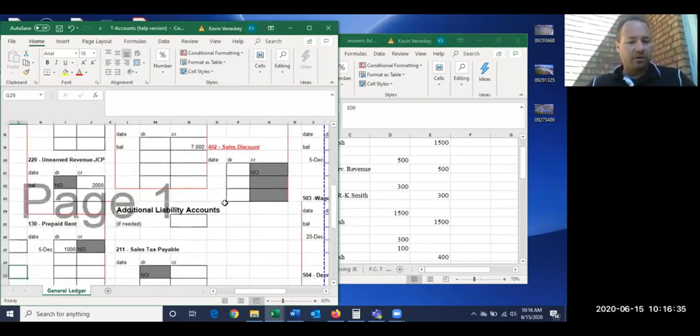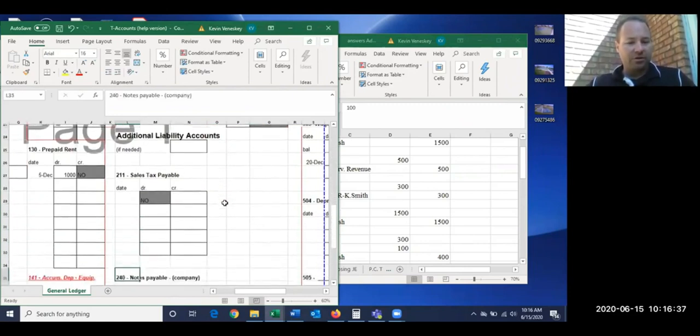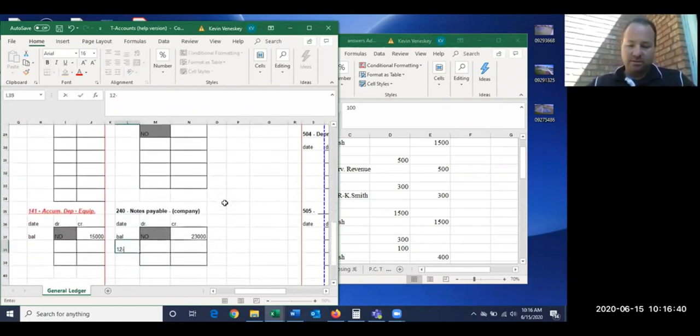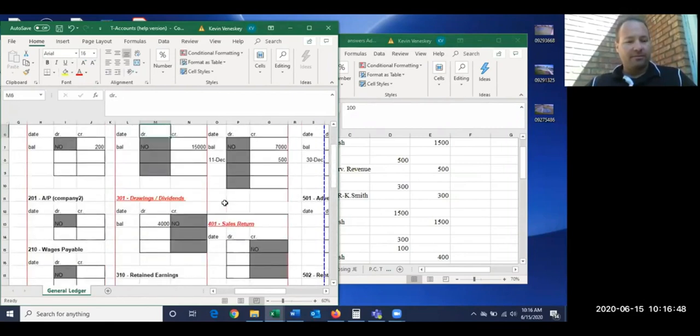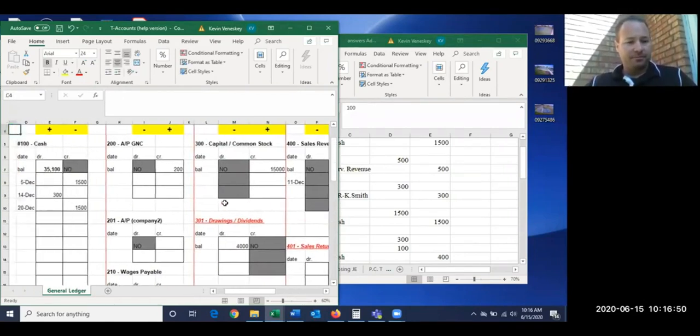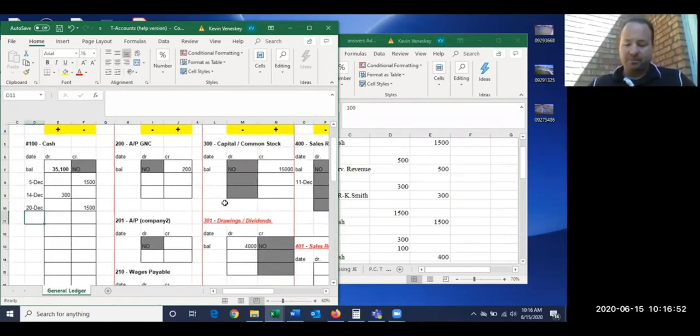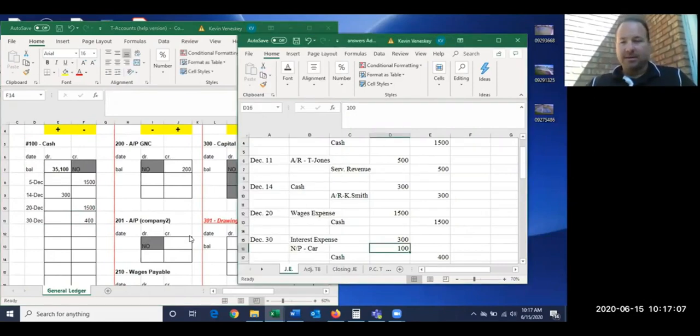Remember, that was all the way down here in my additional liabilities. We had $100 taken off of our account. And all of it because I made a payment on cash for $400. Now we've got all the normal entries done.